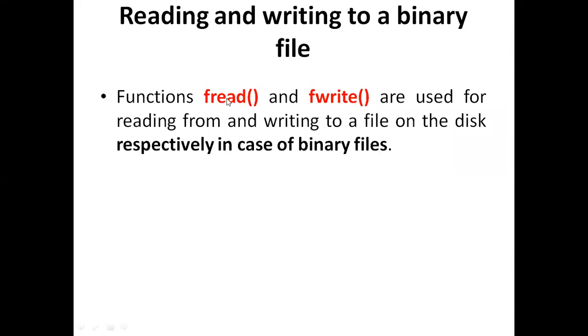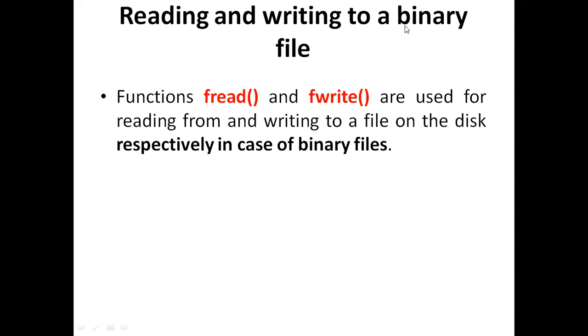And now in today's class we are going to discuss how to read binary information from a file, and how to write textual information as binary information to a file. For that, we are going to use two functionalities, fread and fwrite.